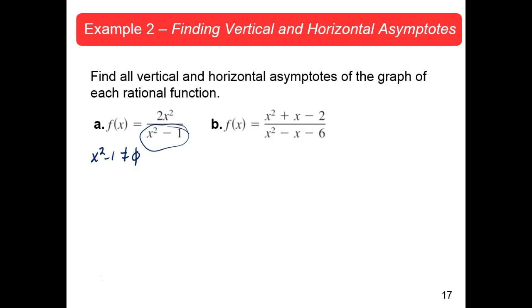How would you solve that? Factor, exactly. And how does that factor? X plus 1 times x minus 1. And that product cannot equal 0. Well, what does that tell you?